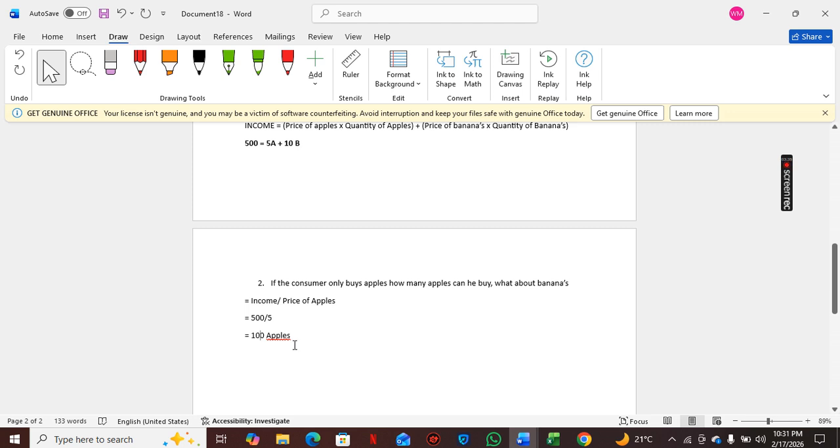And if it's bananas, we want to find out if he spends all the money on bananas, we just say income over price of bananas. The income is 500 kwacha, price of bananas 10 kwacha, 500 divided by 10, 50 bananas. Okay.